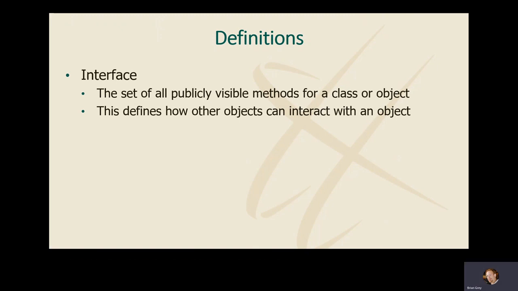Dot upper returns whatever is internal to the string, except as an all uppercase string. Dot append takes whatever value you give it and changes the list so that that value is now the last element of the list. Dot strip takes whatever's inside the string and returns that string with all leading and trailing white space removed.